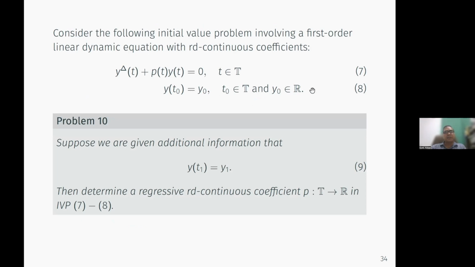So let us pose this problem. Consider this initial value problem involving a first order linear dynamic equation with rd-continuous coefficients: y delta of t plus p of t y of t equals 0, t in T, and y at t0 is y0. Suppose we are given one additional piece of information, that y at t1 is y1. Then we want to determine the regressive rd-continuous coefficient p for our initial value problem.